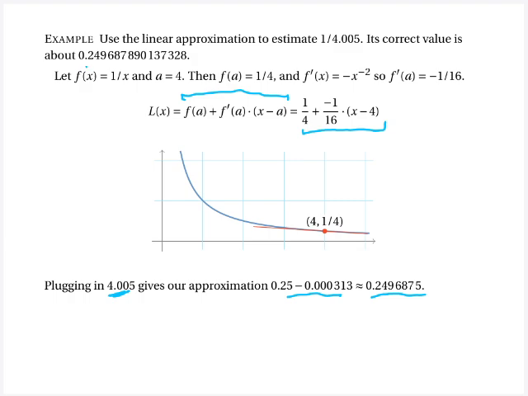Looking up here to the actual correct value, 0.249, that's good. 687, that's good. And here it says 5, whereas up here it says 8. So awfully good approximation.